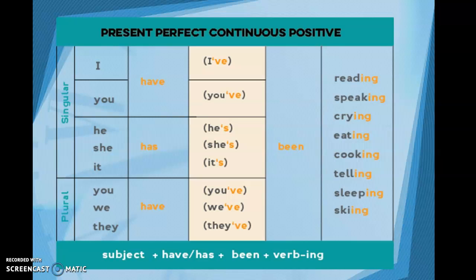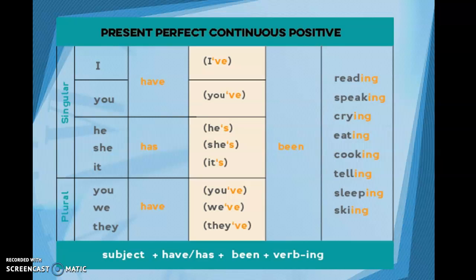It has been skipping since half an hour. We've been sleeping. They've been telling. You've been eating. So these are the examples to give in the present perfect continuous tense.